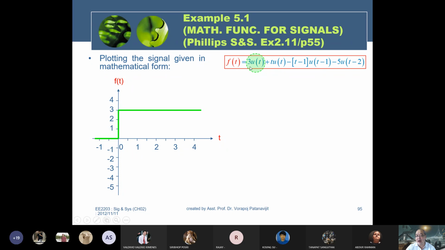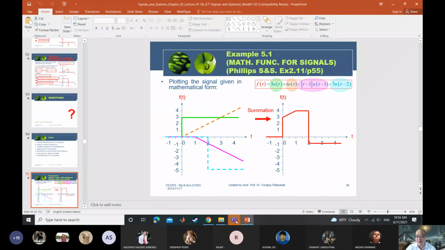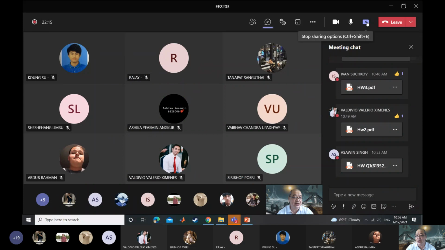T is amplitude scaling. You get u(t) first. In order to help you understand, I will draw them on the whiteboard, step by step.